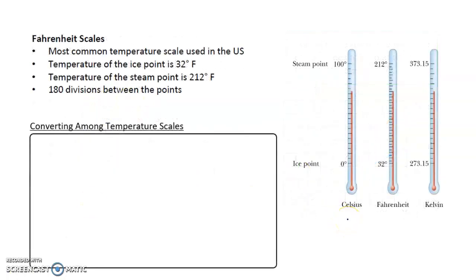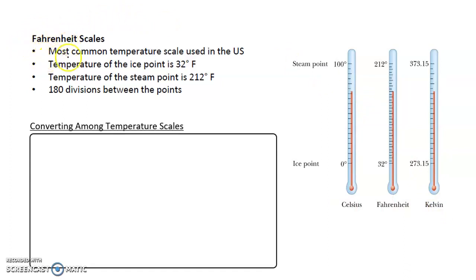So far, we have learned 2 temperature scales, the Celsius temperature scale and the absolute temperature scale. For the Celsius temperature scale, the unit is degree Celsius, and for the absolute temperature scale, the unit is Kelvin. The third and last one is the Fahrenheit temperature scale.